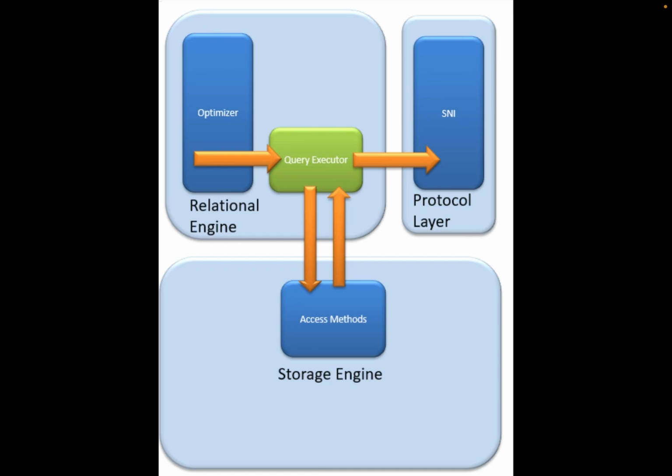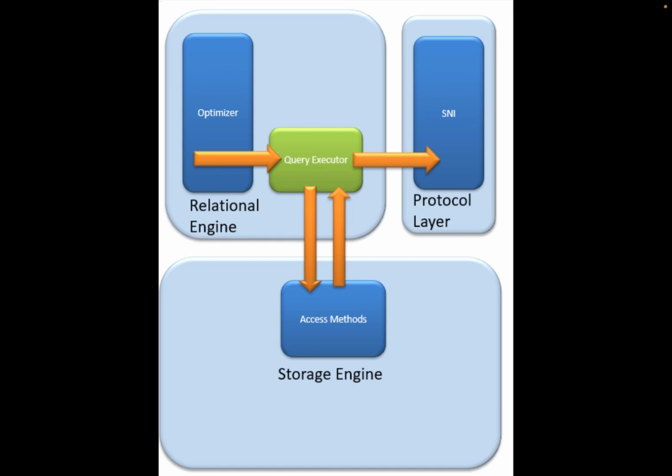So let's break down this architecture so that you understand how databases, especially SQL Server or Oracle or whatever the database may be, actually process your queries. What is SQL? As we discussed yesterday, it's just a language, but it interacts with the database management system, which has multiple layers working together.